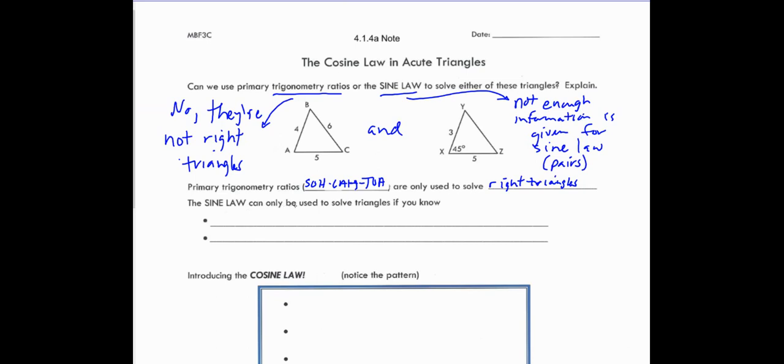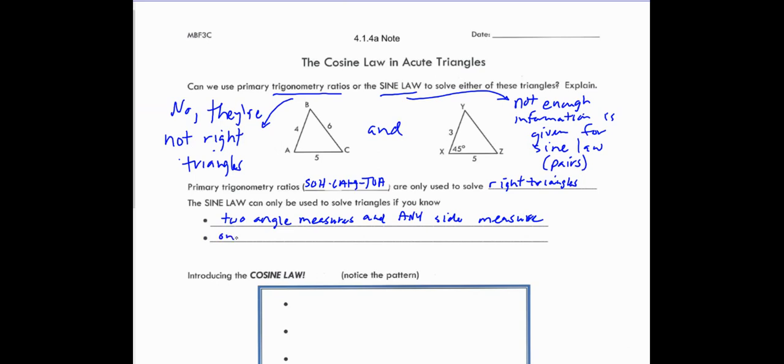Sine law can only be used to solve triangles if you know two angle measures and any side measure, right? You'd have the pairing of one side and one of the angles and then another angle.